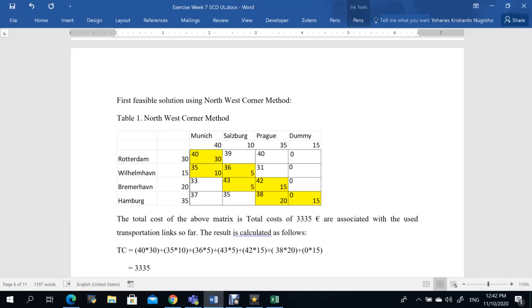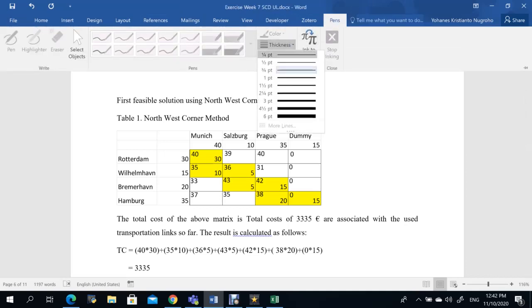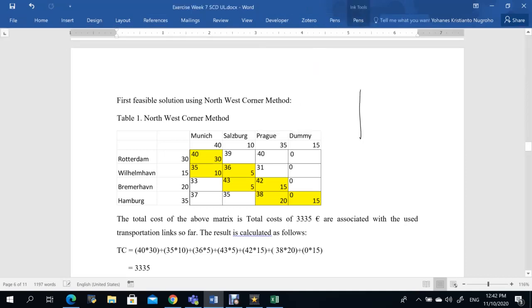From northwest, meaning that if it is north, it is south, it is east, and it is west, and here is northwest, right? And therefore it starts from the northwest corner. Therefore the method is called the northwest corner method.